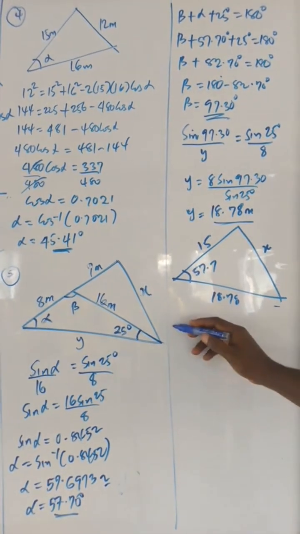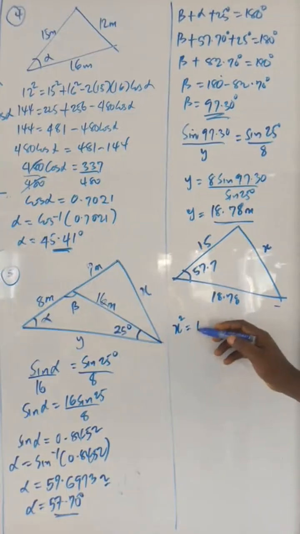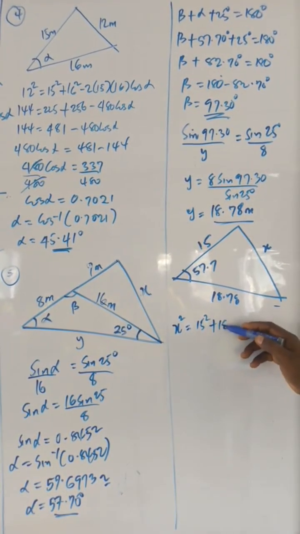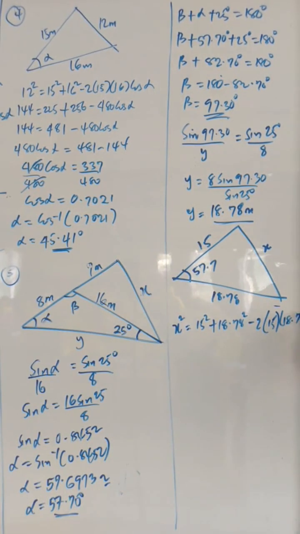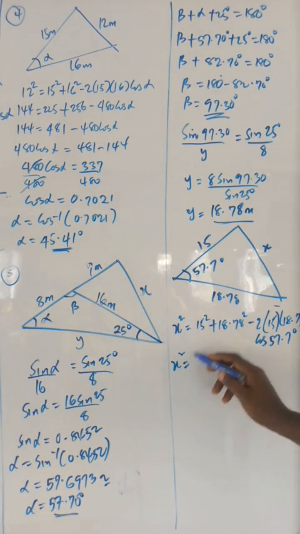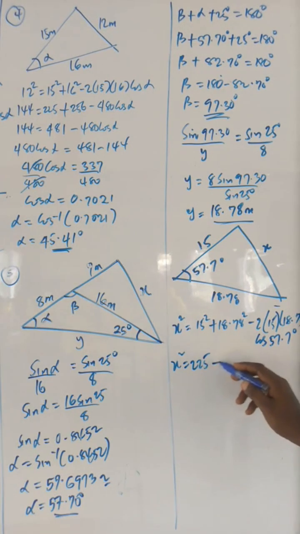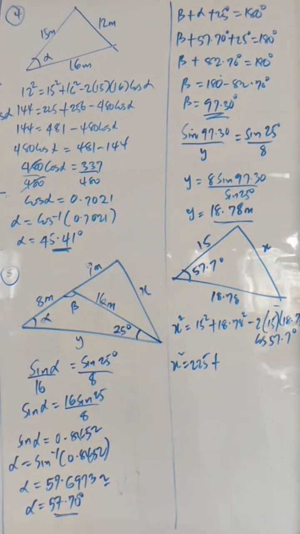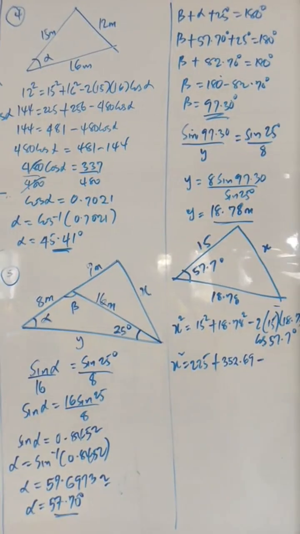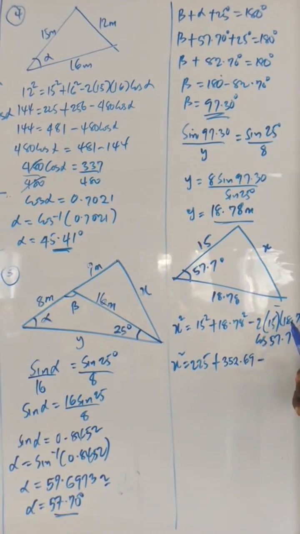Using cosine rule, x squared equals to 15 squared plus 18.78 squared minus twice their product, 15 times 18.78, then cos the angle between them. 15 squared is 225. 18.78 squared will give us this. Then multiply 2 times 15 times 18.78 times cos 57.7.